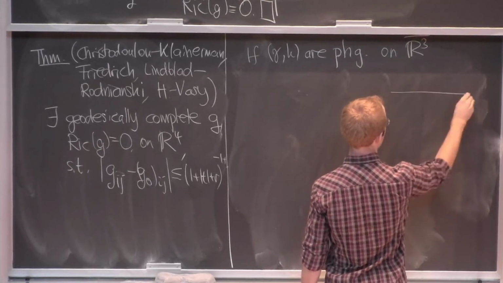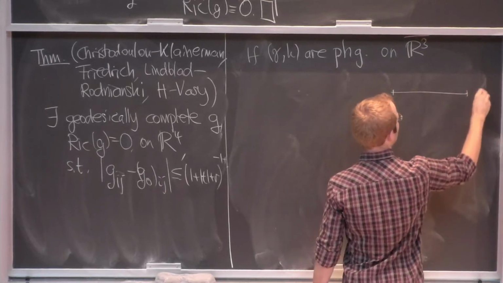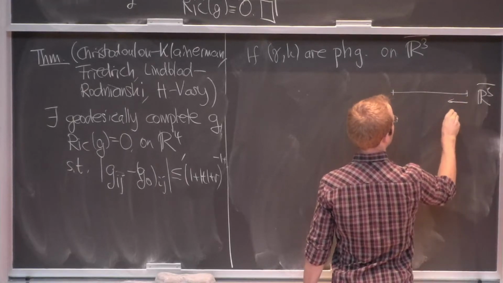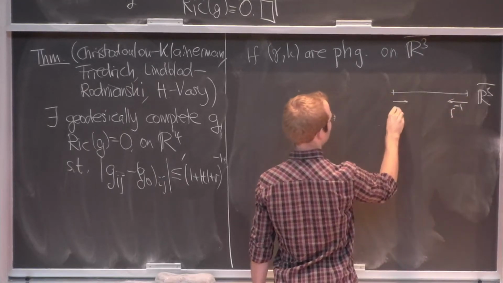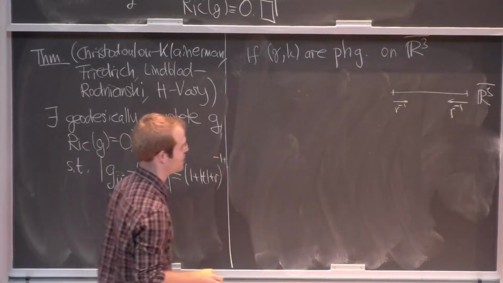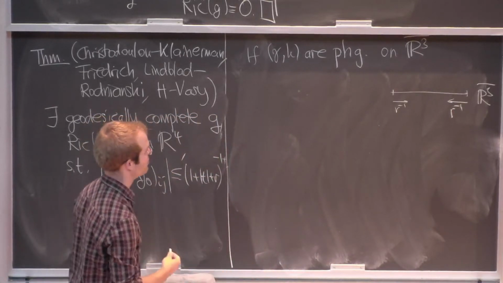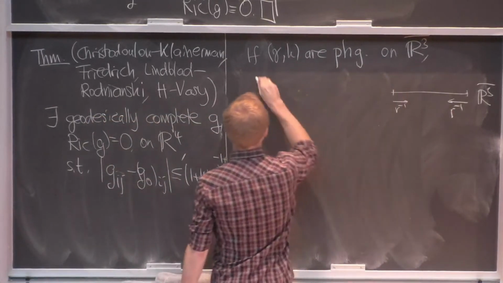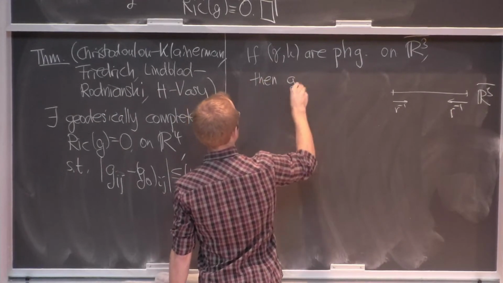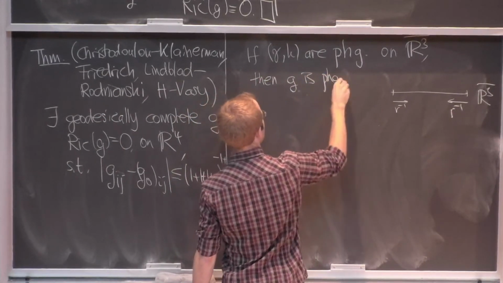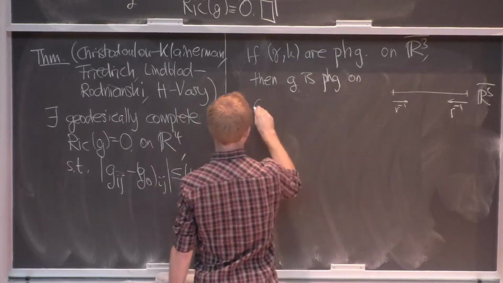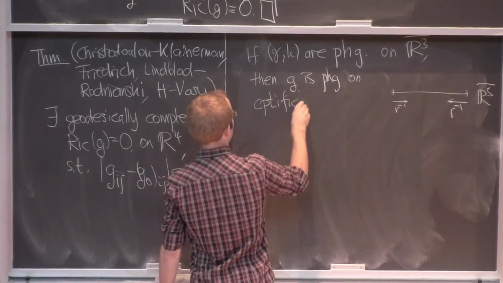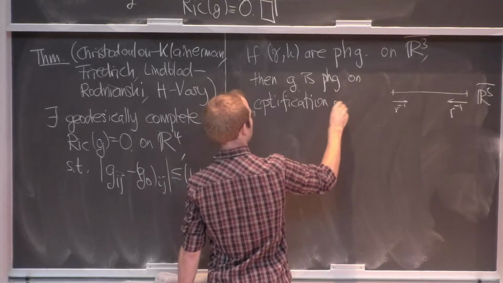I'm just going to draw it as a one-dimensional thing, meaning that you have a Taylor expansion or generalized Taylor expansion in terms of powers of R inverse or logarithm of R. Then we show that G is also polyhomogeneous on a suitable compactification of R4 to a manifold with corners.